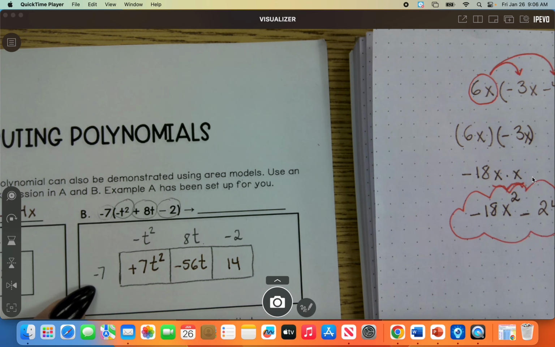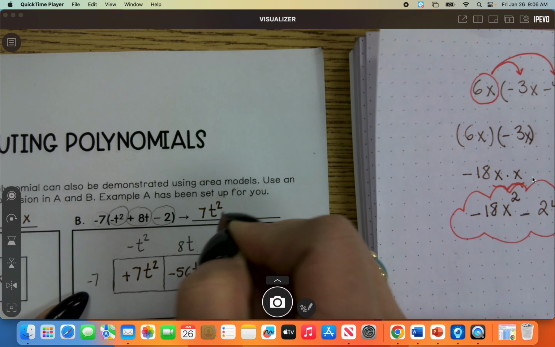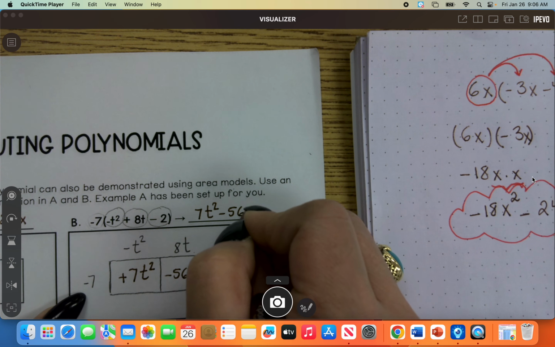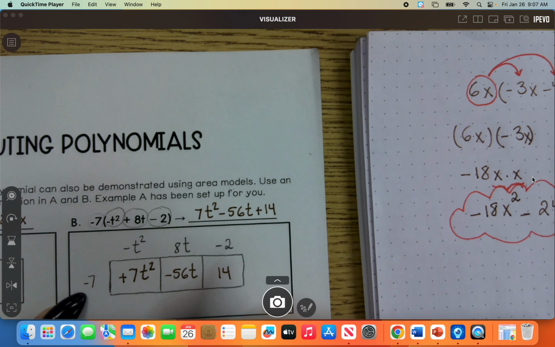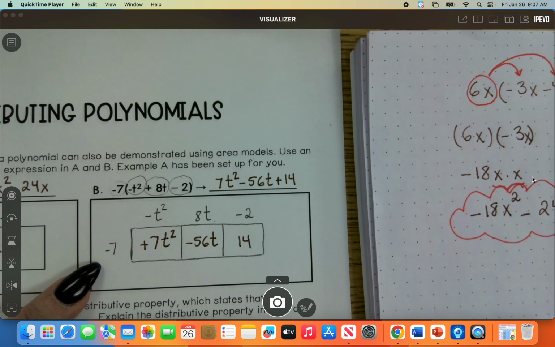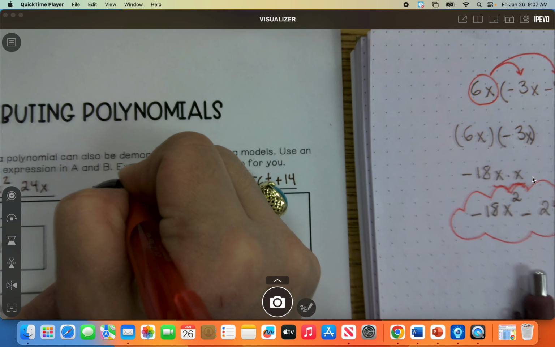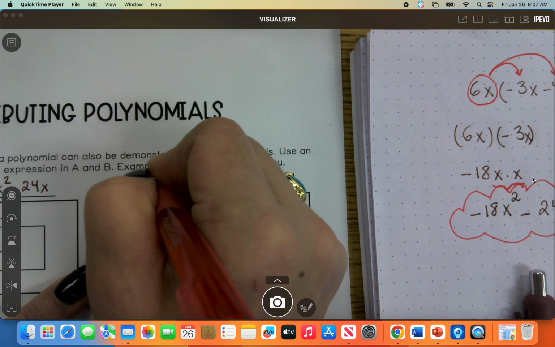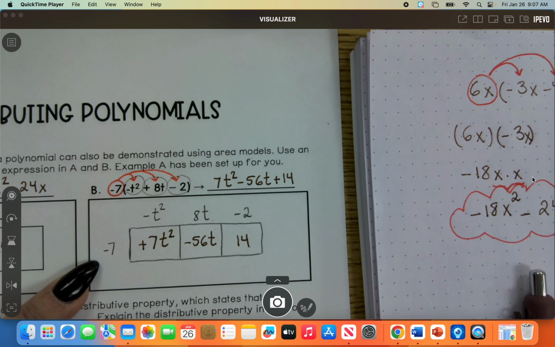So my answer would be 7t squared minus 56t plus 14. Or I could say I'm taking this monomial or term and multiply it to every single term inside of this parenthesis.